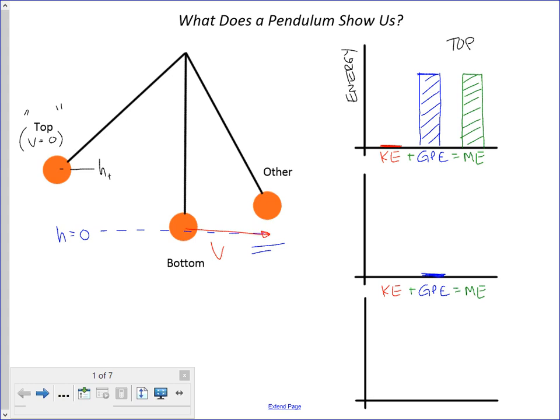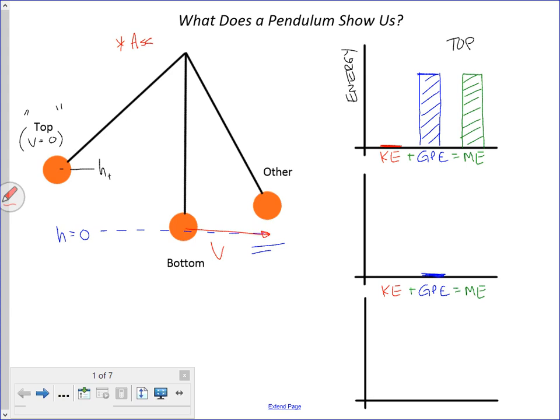And so how much kinetic energy does it have? Well, here's what we have to be able to apply. What you have to be able to apply is hopefully what you saw in the lab, and that as long as we're dealing with an ideal case, and let's here make this claim.